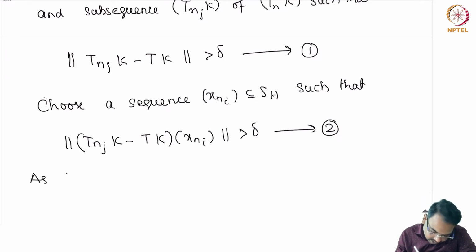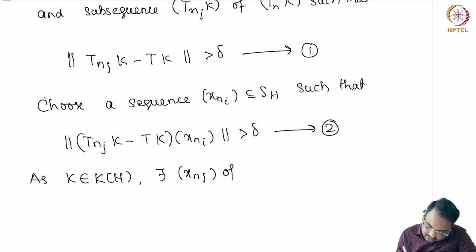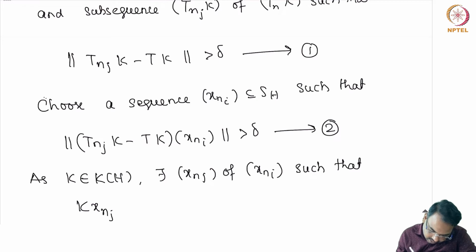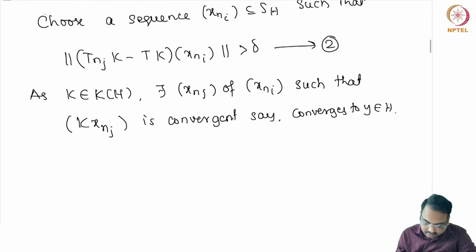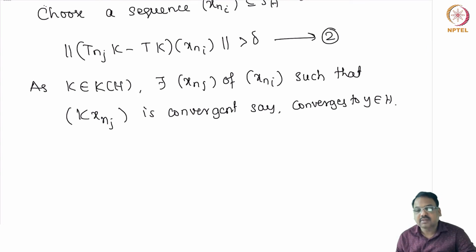So as K is compact, there exists a subsequence xnj of xni such that K of xnj is convergent, say converges to some y, because xni is a bounded sequence, so we can get a subsequence xnj of xni such that K of xnj is convergent.